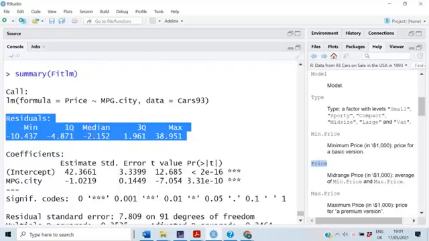Now, if you look at this, we expect the residuals to follow, let's say, normality. Would you say this is normally distributed? If it is normally distributed, remember we said the mean should be 0.